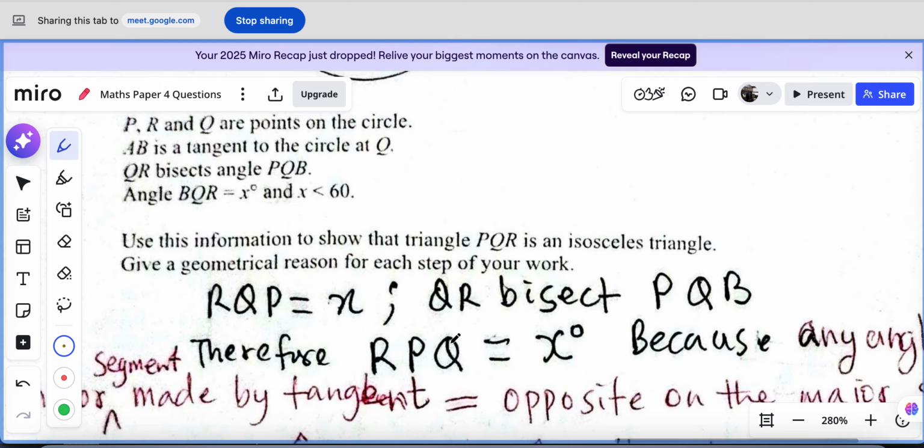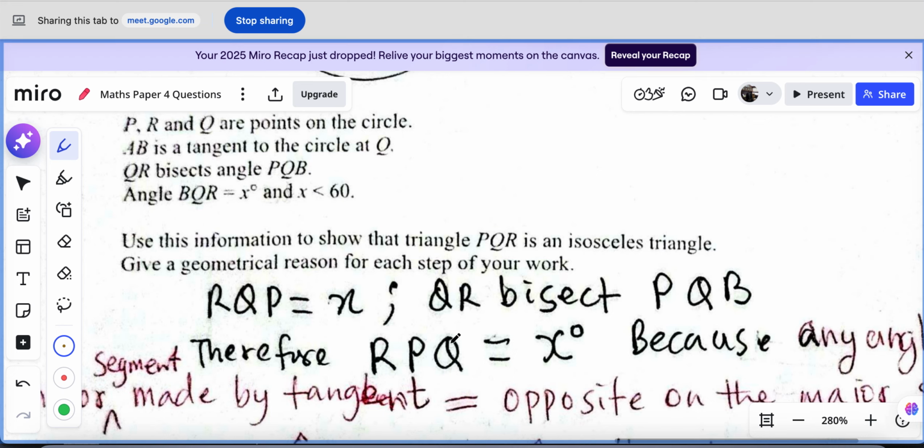Now angle BQR equals X and X is less than 60. Use this information to show that triangle PQR is an isosceles triangle. You see, I've not even read that before I could tell.